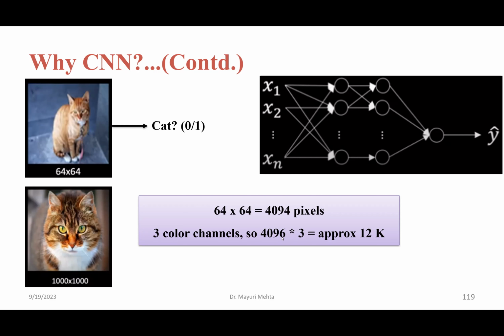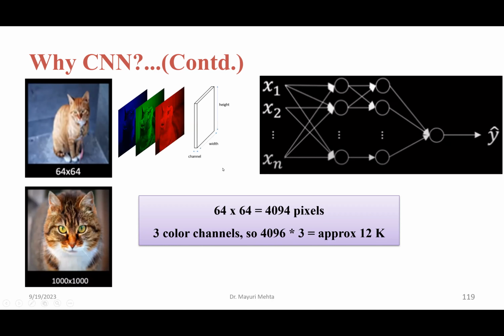So this number will be multiplied by 3, because for each pixel we have 3 intensity values: red intensity value, blue intensity value, and green intensity value. All these values should be fed to the neural network. So 4096 multiplied by 3 is approximately 12K. So to process this 64 cross 64 image, 12K neurons are required in the input layer.